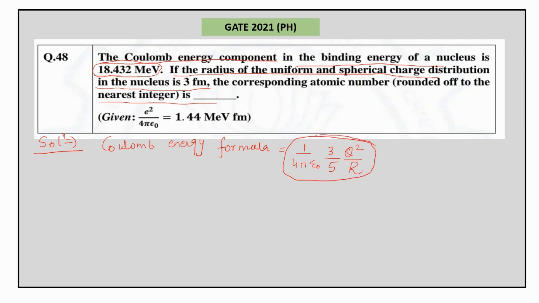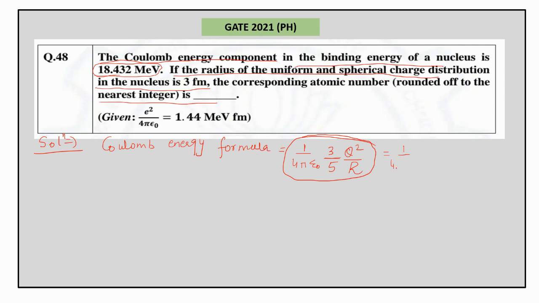I think this is the derivation in the electromagnetic course also. When we have a charged sphere, we know the potential, we know the electric field, then we find out the energy, something like in electromagnetism. So this is the derivation, and the formula that we get in the end is 1 upon 4 pi epsilon naught, 3 by 5, q square by r.